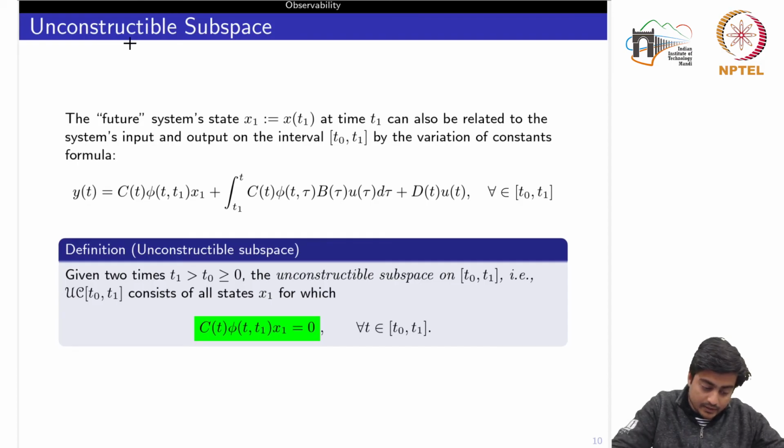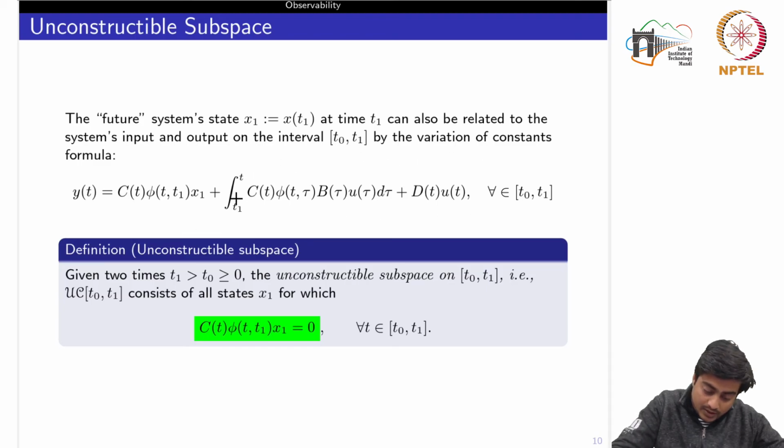Now similarly we can define the unconstructible subspace. Here we had seen only the value of the state at some particular time, and based on that we defined the unobservable and unconstructible subspaces. So here the future system state x1, defined as x of t1 at time t1, can also be related to the system's input and output on the interval by the variation of constants formula.